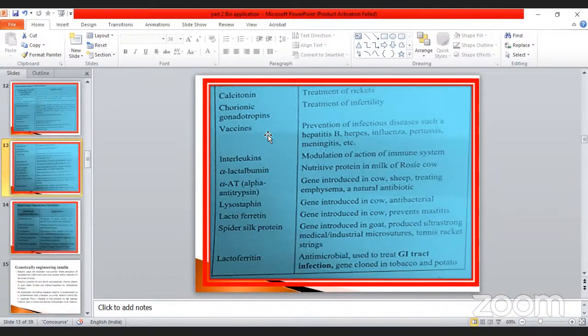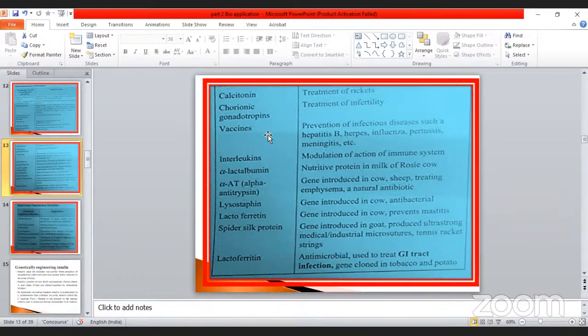You have to isolate the specific gene from the Rosie cow and identify it, and another one, the foreign gene, is also responsible for alpha lactalbumin production in very high amounts. Both are incorporated, and finally you will get high nutritive protein in the milk of Rosie cows, particularly alpha lactalbumin.